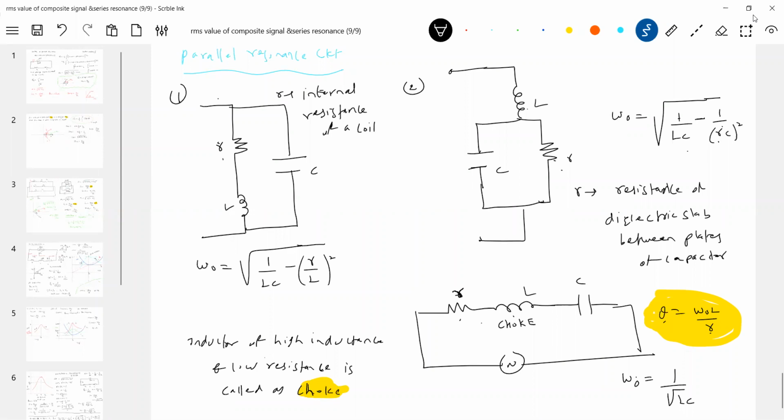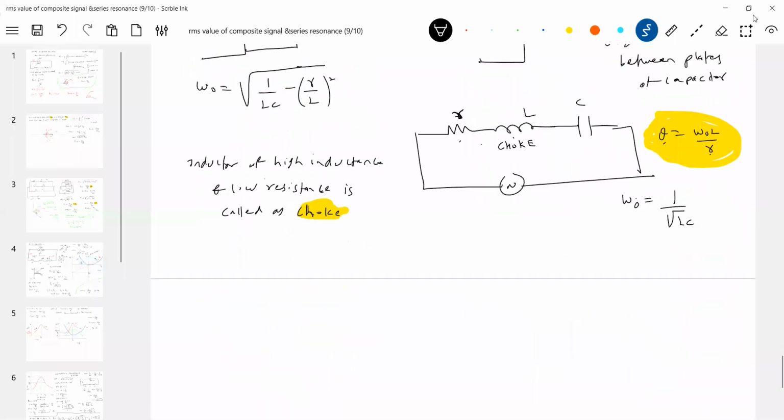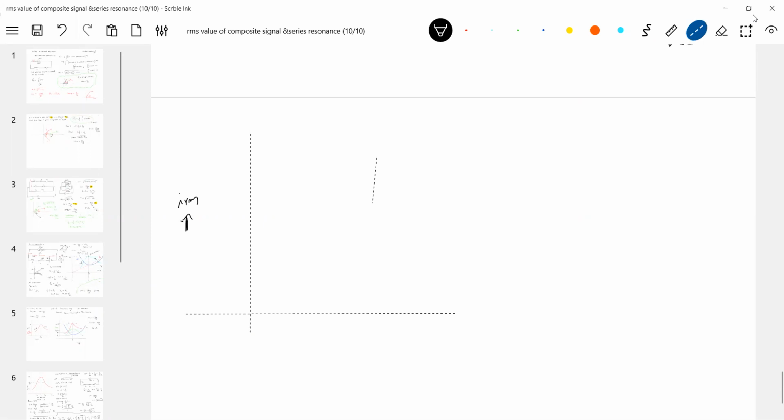And these derivations again we can derive. For the parallel resonance circuit, we have to take help of current, not the voltage here. So how will the overall response of the circuit be? If I plot the current IRMS, this is the resonant frequency.